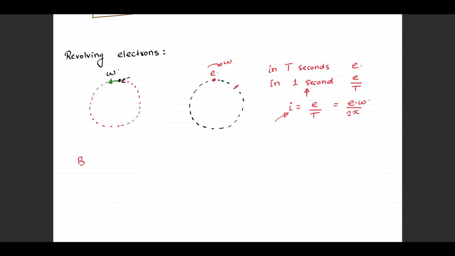So can I say magnetic field at the center of the loop will be mu naught I by 2r, r being the radius.